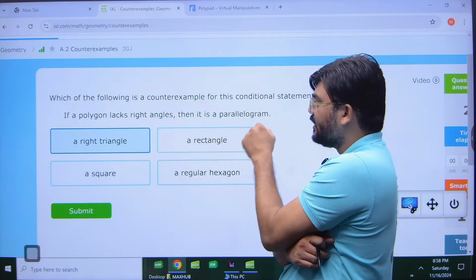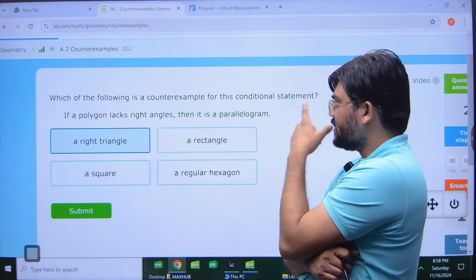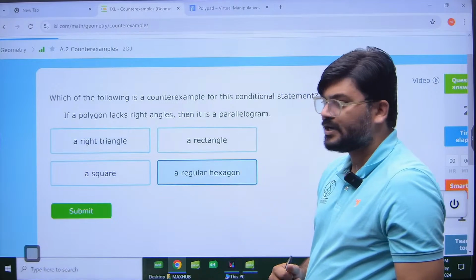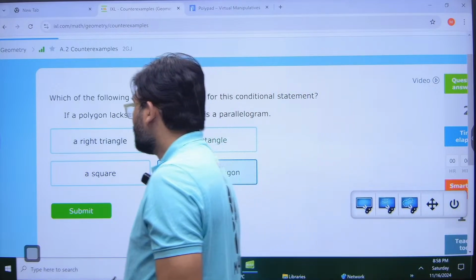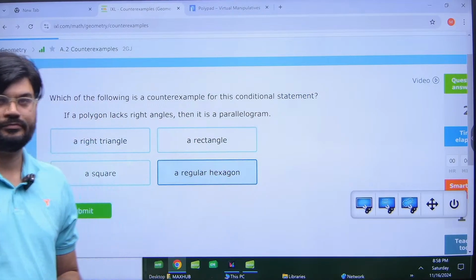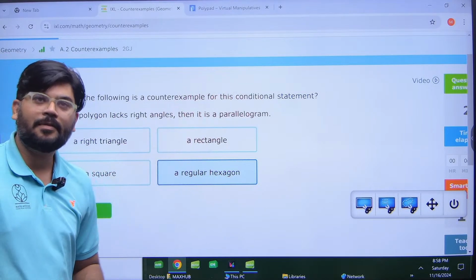Rectangle has 90 degree. It is also a parallelogram. So they are saying lacks. Okay. So I think a regular hexagon is an example. Because regular hexagon does not have 90 degree in it. It lacks it, and it is not a parallelogram.